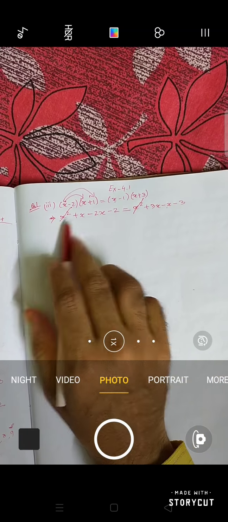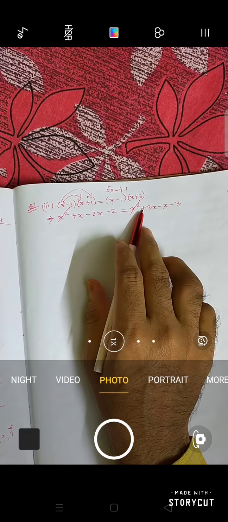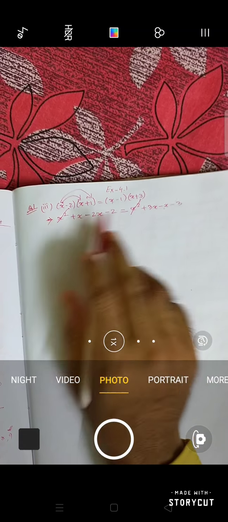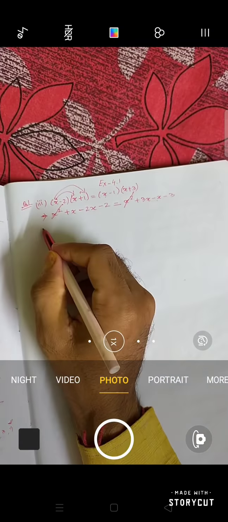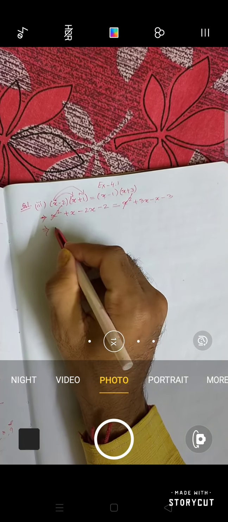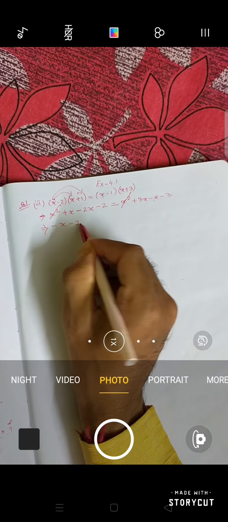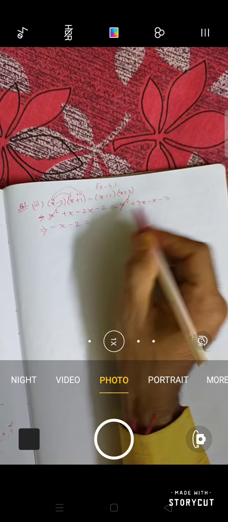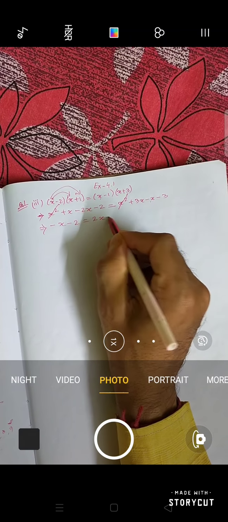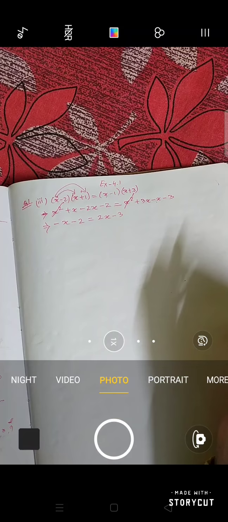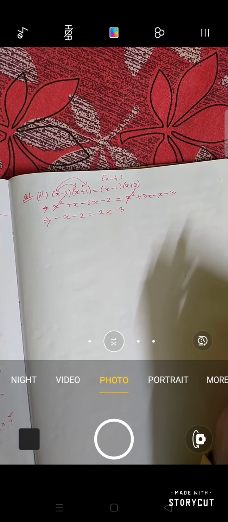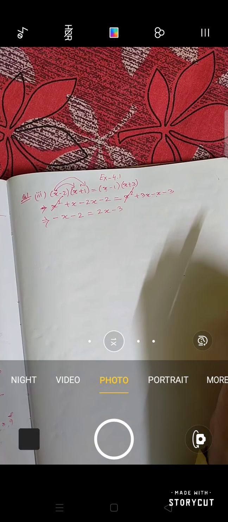But x square both were positive, on opposite sides of the equal sign, so we can easily cancel this. After solving this, we will have minus x minus 2 on the left hand side, and on the right hand side we will have 2x minus 3. Any problem?